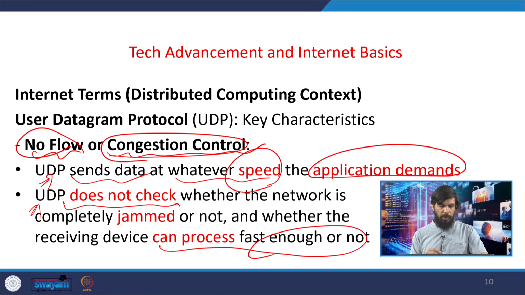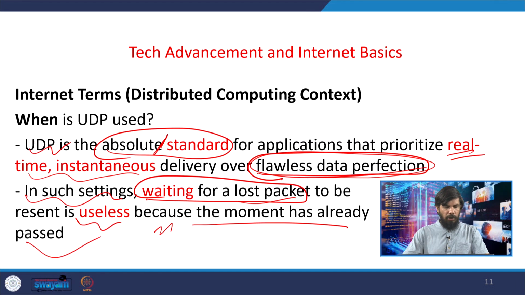Therefore, it is able to manage the speed that is needed, and it does not do checks for network traffic or the speed at which the receiving device is processing. So, it does not do lots of checks in terms of flow or congestion.